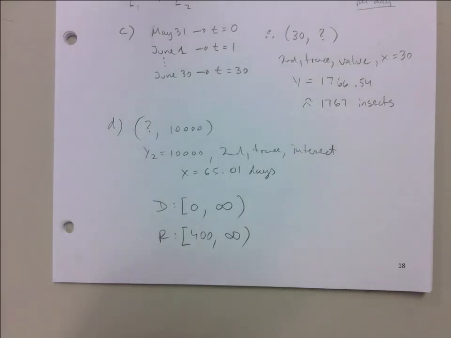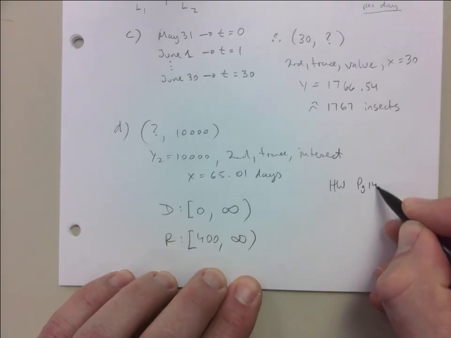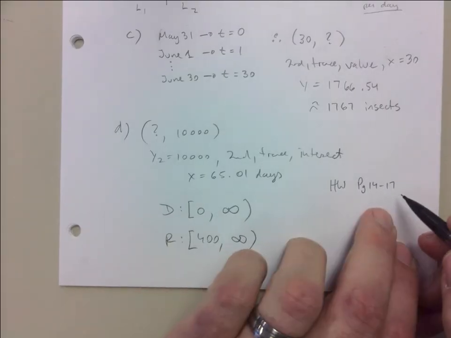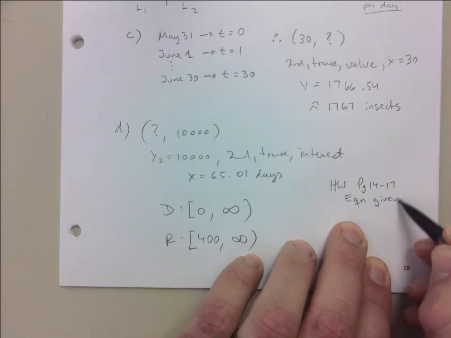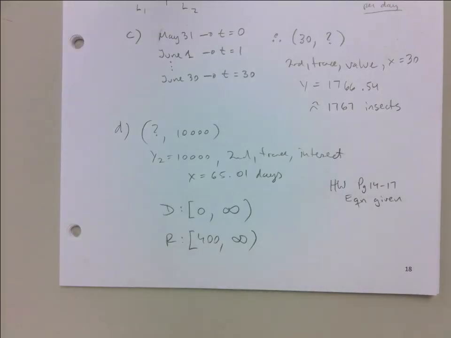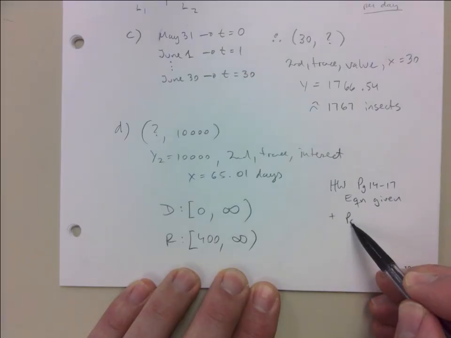So, for your homework, I'm going to say 14 to 17. That's just equation given. So you do not need to come up with a regression or anything like that, okay? Then I'm going to ask you to do page 19.